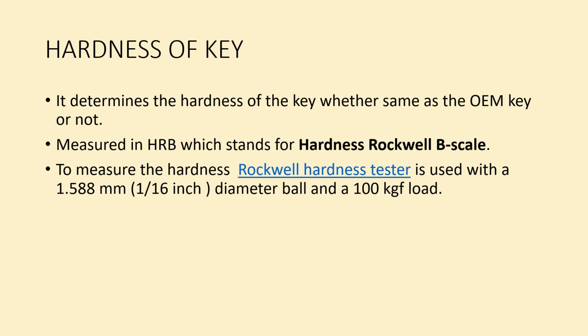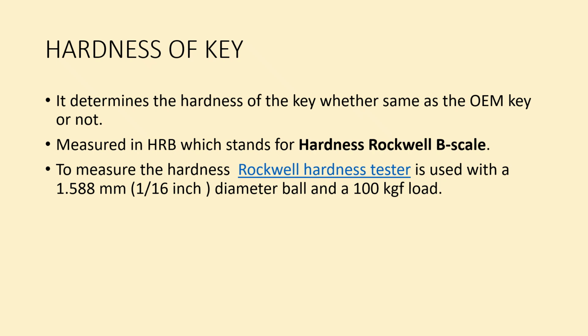Hardness of a key. This hardness is measured by HRB, which stands for Hardness Rockwell B scale. It uses the Rockwell hardness tester, with which a 1.588 mm or 1/16-inch diameter ball and a 100 kg load is placed on the questioned key, and the value is obtained.